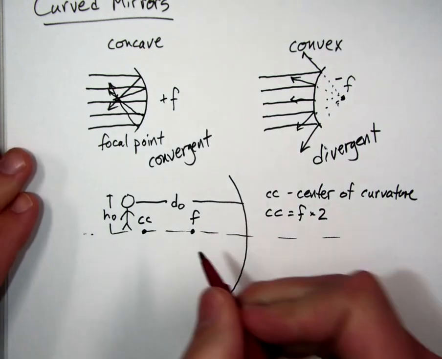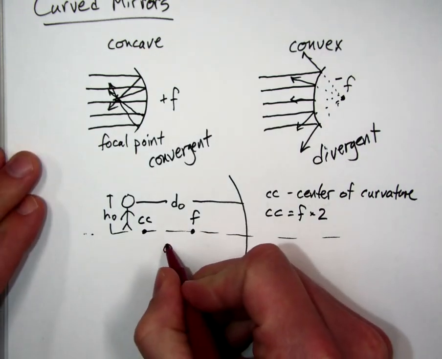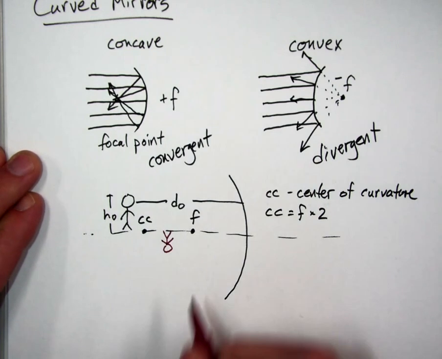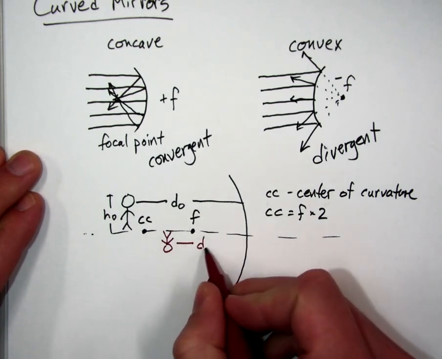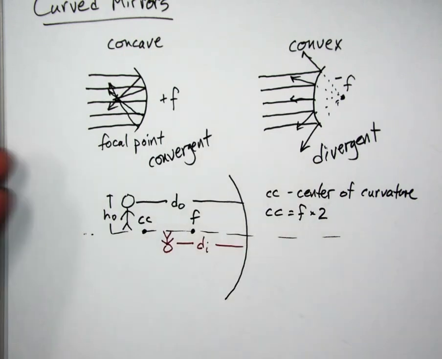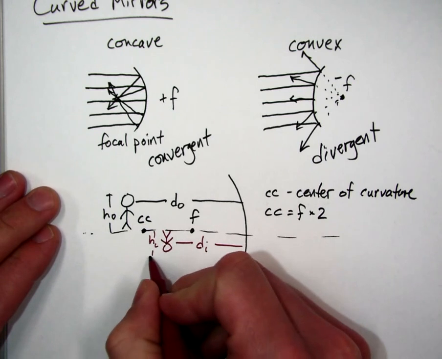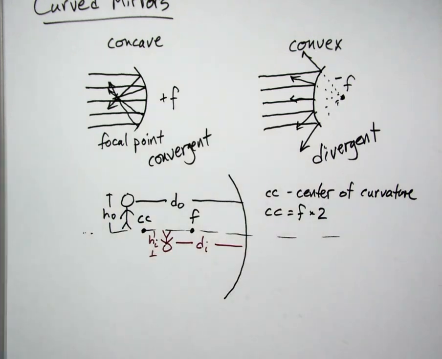In this case, the image might look something like this. And unlike a plane mirror, the image distance is not the same as the object distance, and the height of the image, hi, might be different from the height of the object.